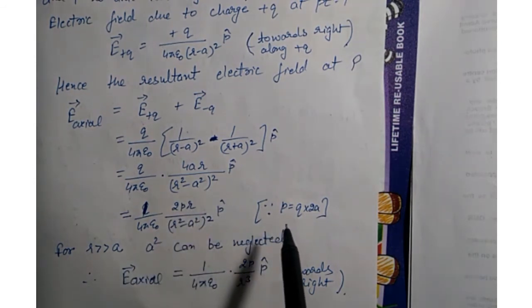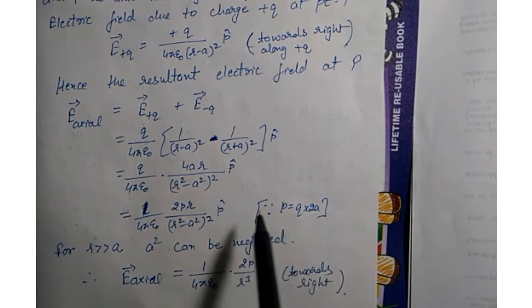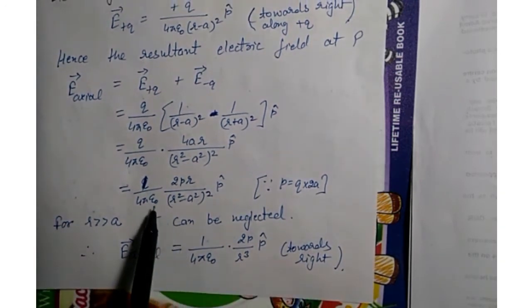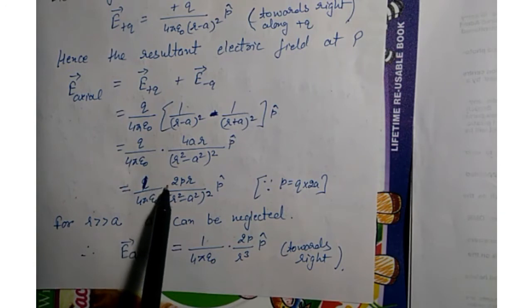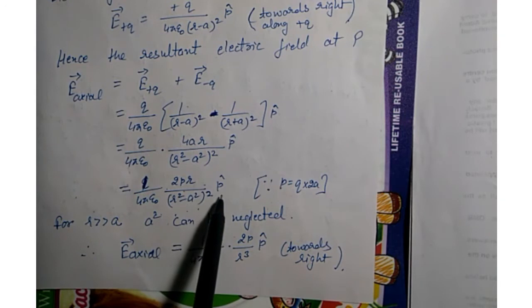As we know that P is equal to Q into 2A, that is the dipole moment. After substituting, we are getting the net electric field as 1 upon 4 pi epsilon naught, 2 P R upon (R square minus A square) whole square, P vector.